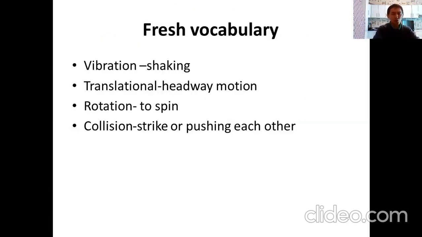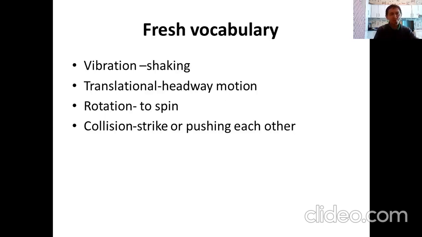The first thing I wanted to tell you is some fresh vocabulary, because it's related to today's topic. Vibration means a kind of shaking. A nice example of shaking is playing the guitar, where the string shakes. It means repeated motion.